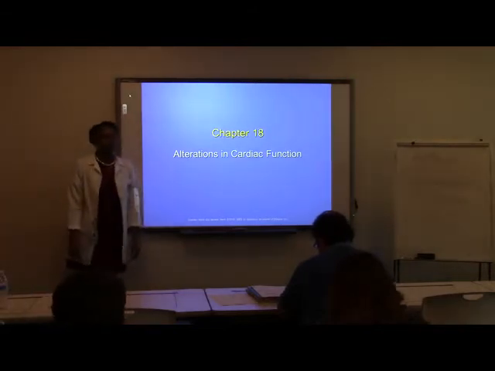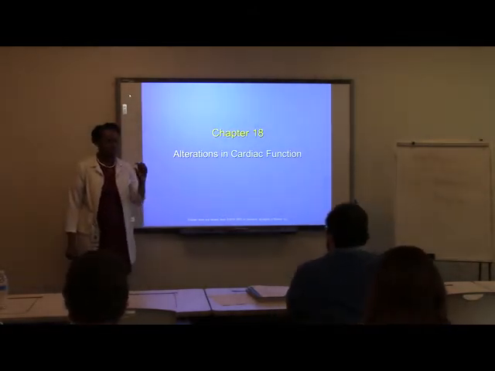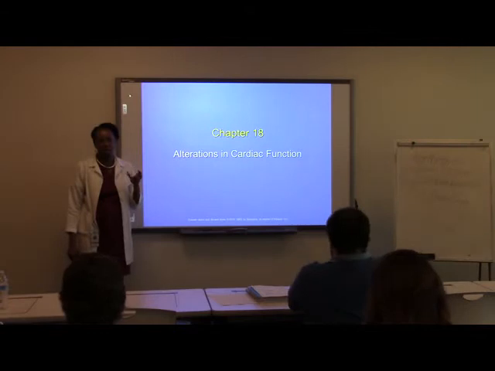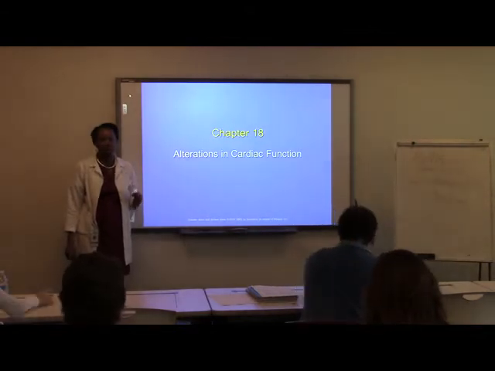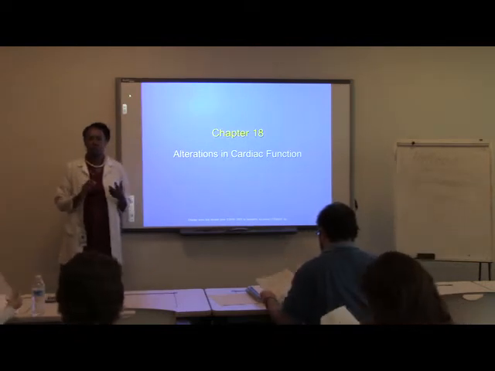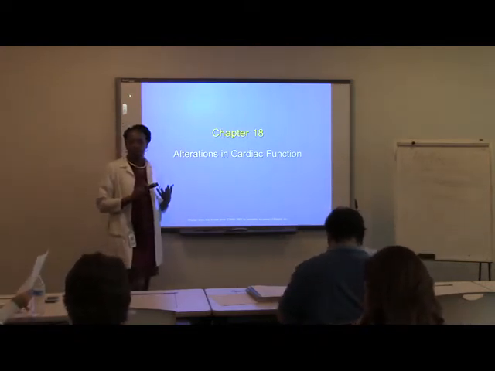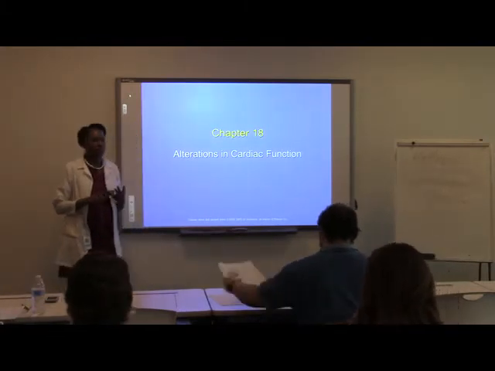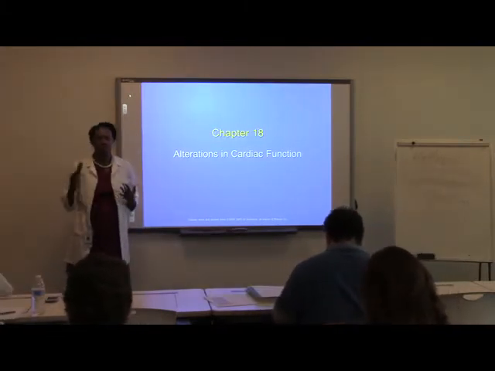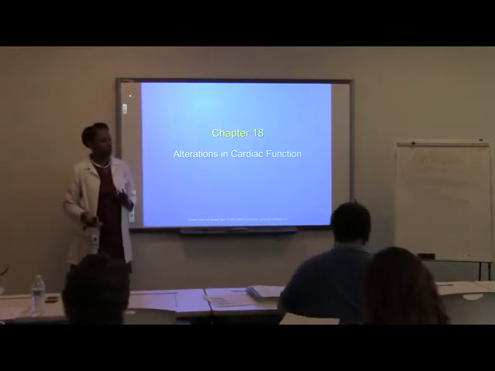All right, so 18. This chapter, even though the PowerPoint doesn't look that big, it's actually jam-packed with a lot of information. We're going to talk about everything from coronary heart disease to how atherosclerosis develops. We're going to talk about angina. We're also going to talk about different types of angina, different types of MIs, what happens with acute and chronic coronary syndrome.